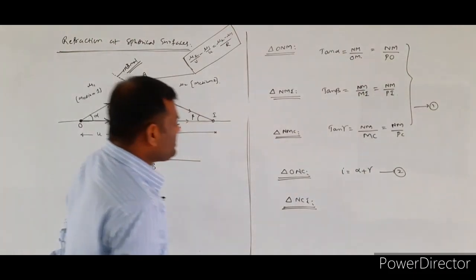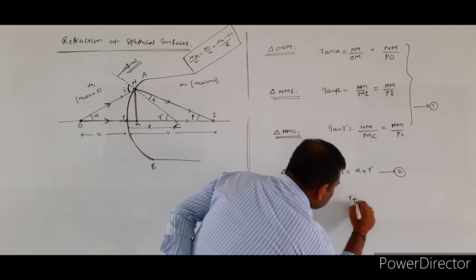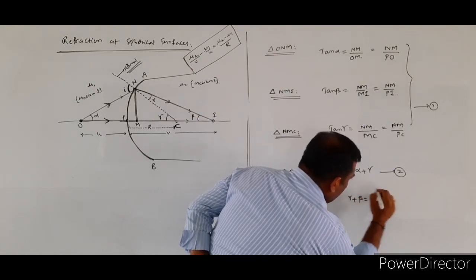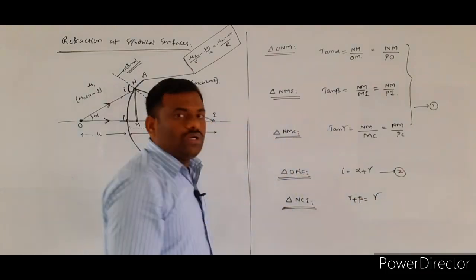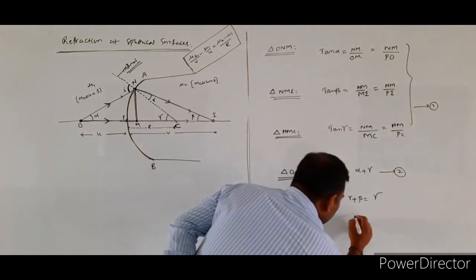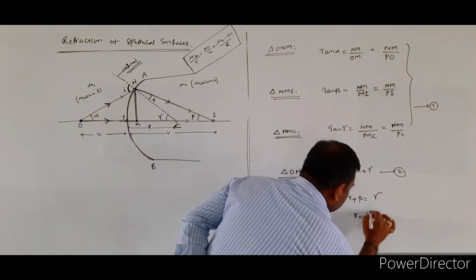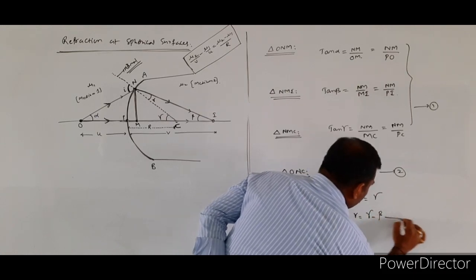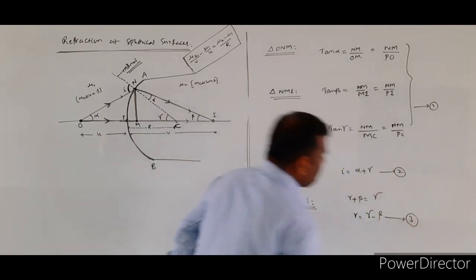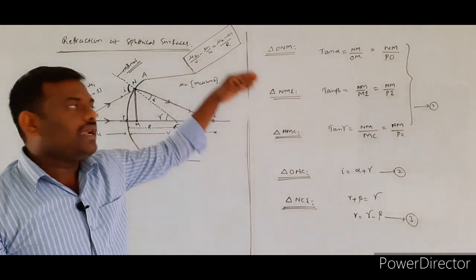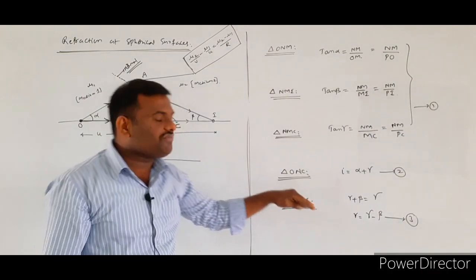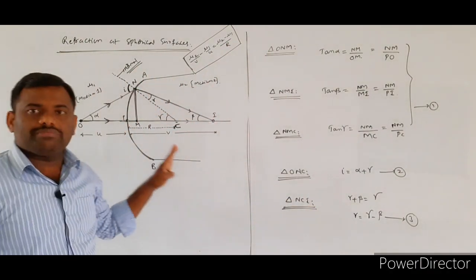So R plus beta is equal to gamma. From this I write the angle of refraction R is equal to gamma minus beta. These are the angle values I consider from the given diagram.